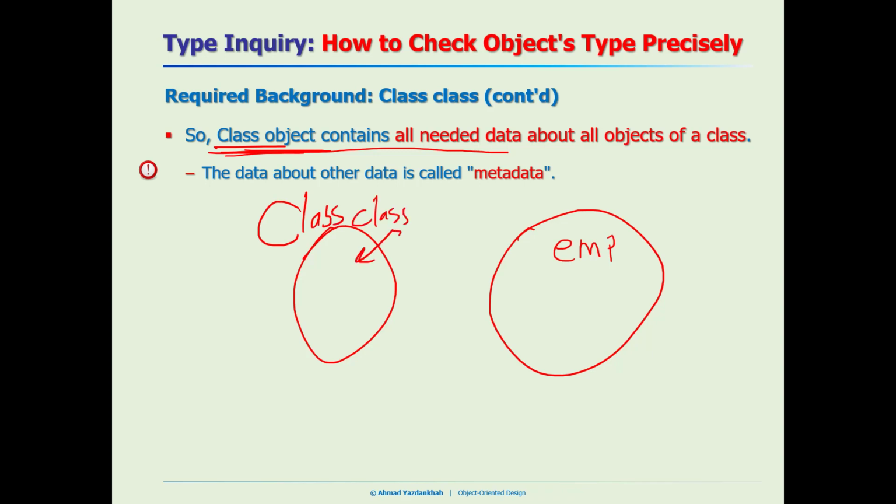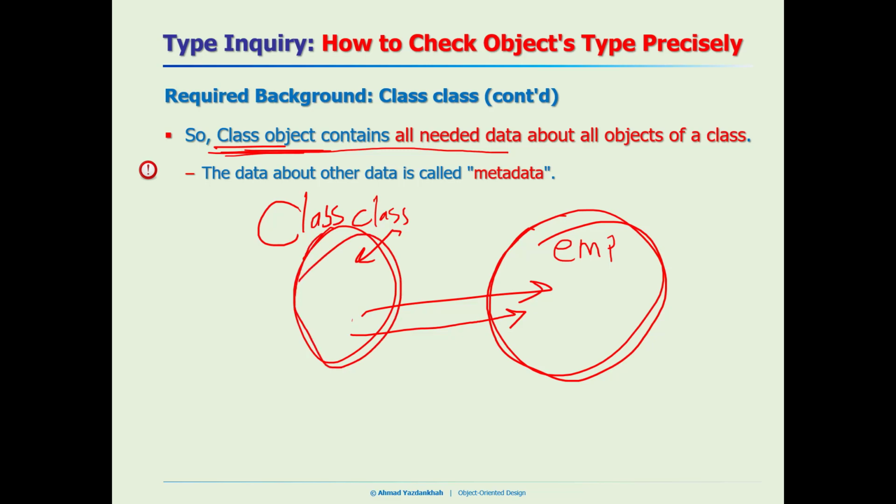Since this guy is keeping track of all the information about another data, employee is an object, but it has some data. So this object has some data about data. It's data about data, and that's why we call it metadata.